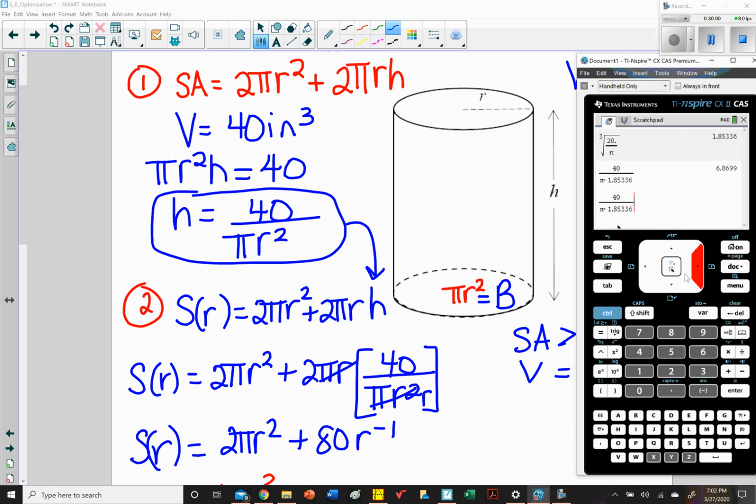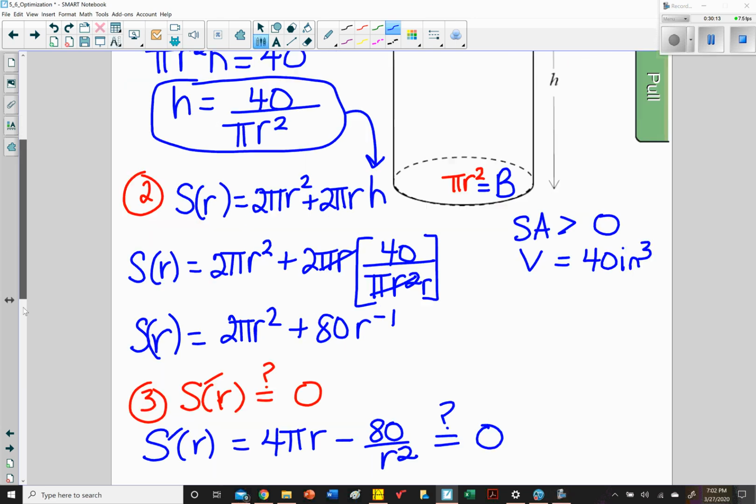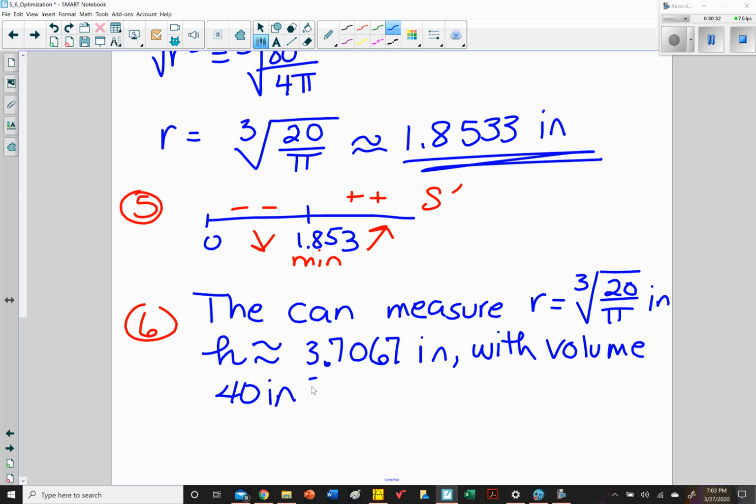Square, the last term, 40 over pi r squared, is 3.7067 inches, with a volume of 40 cubic inches, because that was given to us.